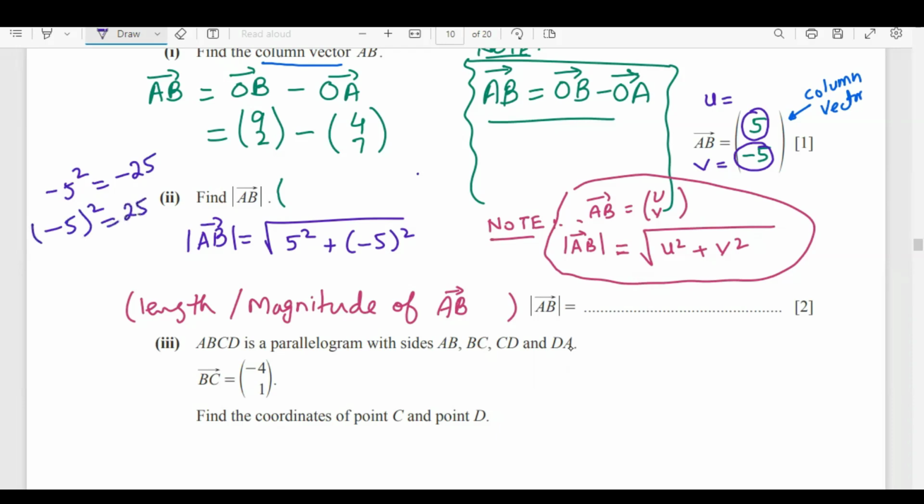Be careful with this calculation, and you can enter these values directly into your calculator. So I'm going to enter 5 squared plus bracket minus 5 bracket squared, which is 25. So square root of 50.